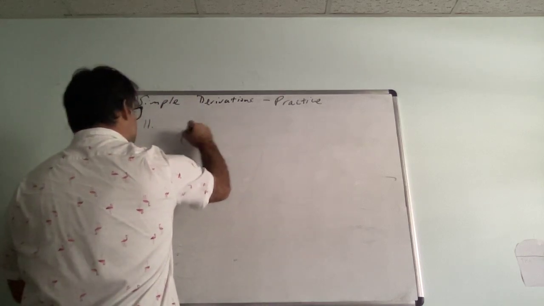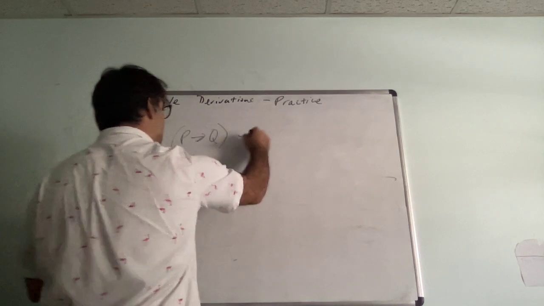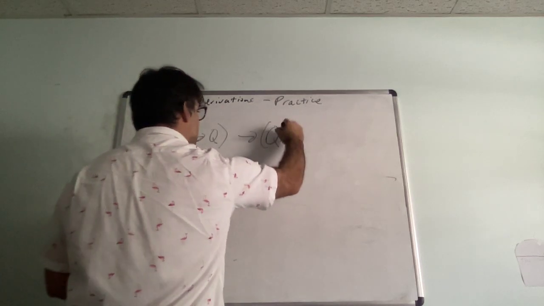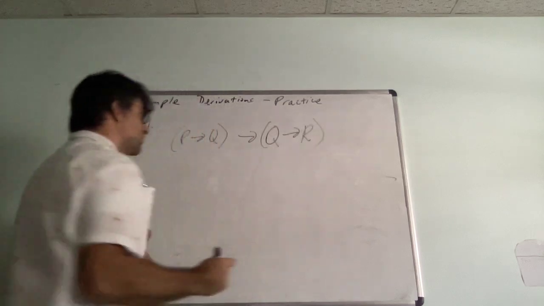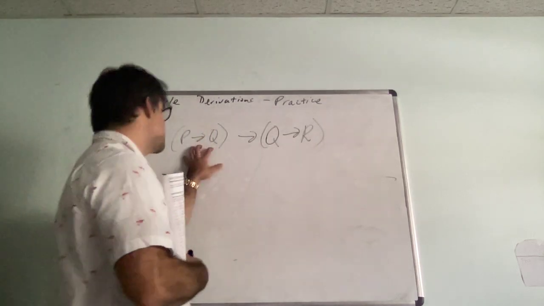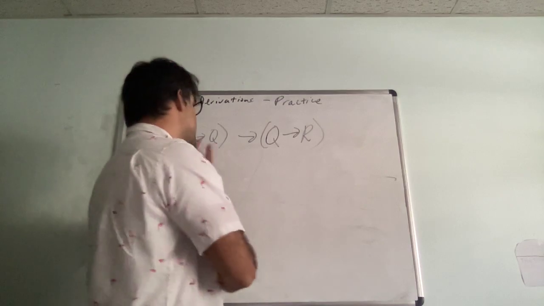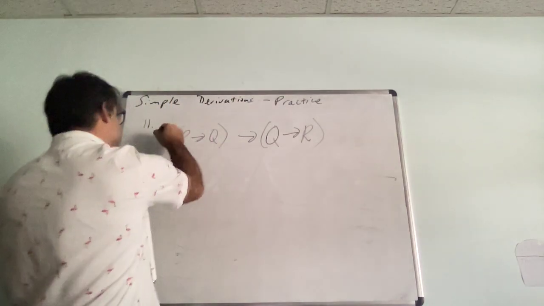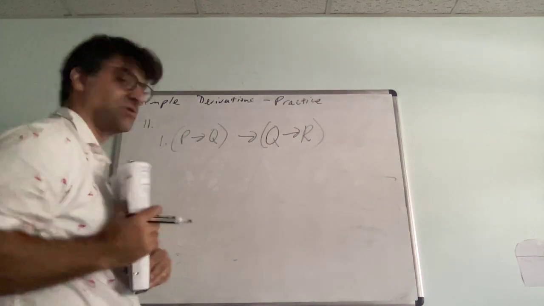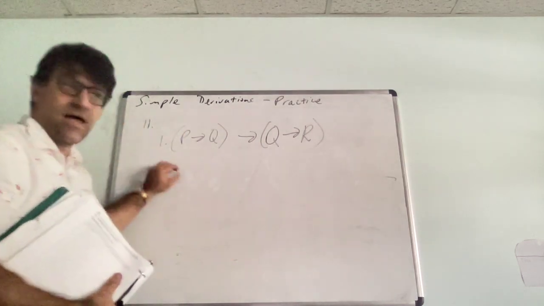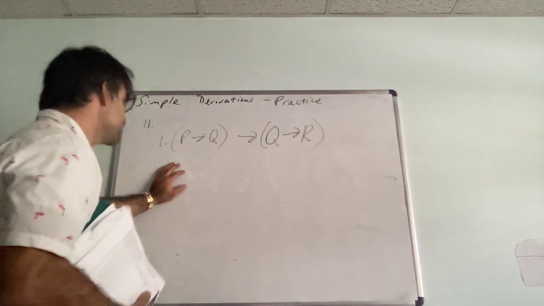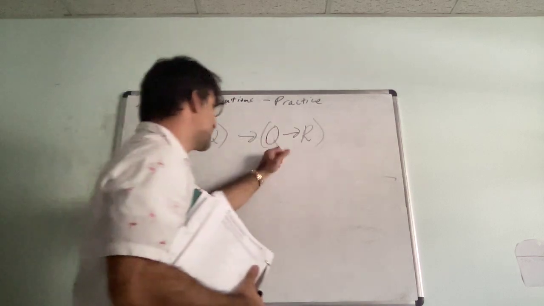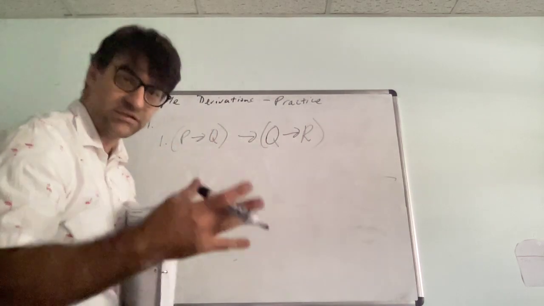Premise 1: P implies Q implies that Q implies R. If P implies Q is true, then so is Q implies R. If it's true that Peter implies Quincy, then it's also true that Quincy implies Robert. Now that's a complex statement. If you think about what it's equivalent to, it does make sense to say it. If we get Peter, then we get Quincy, and if we get Quincy, then we get Robert. It's a domino effect.